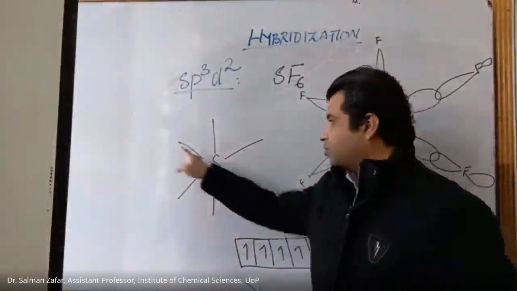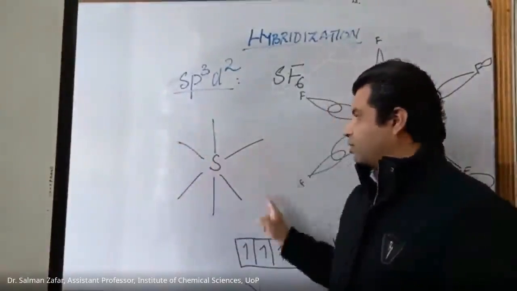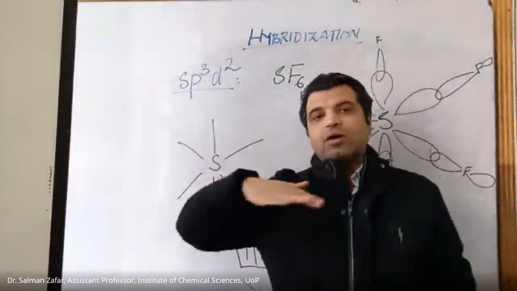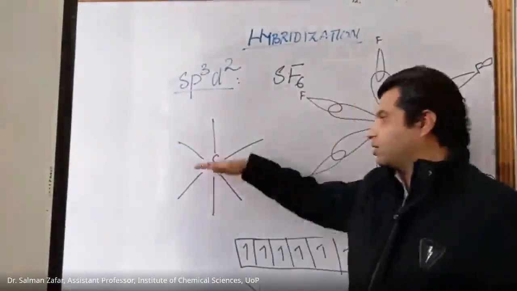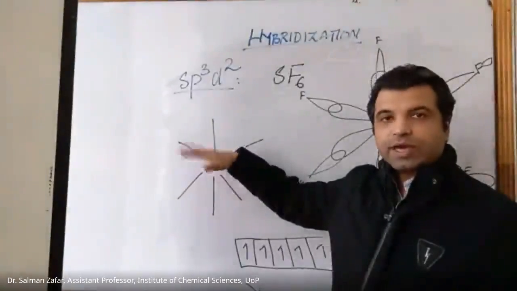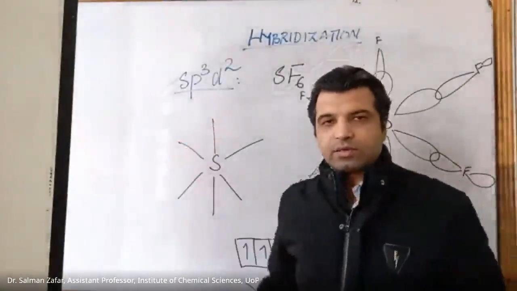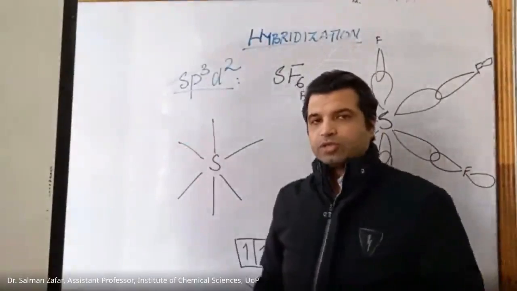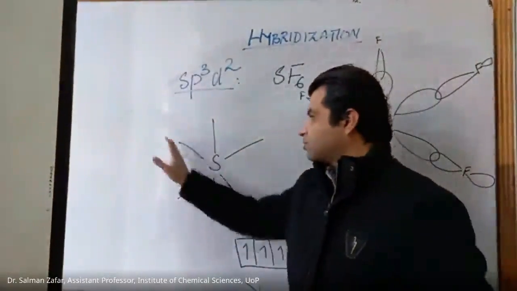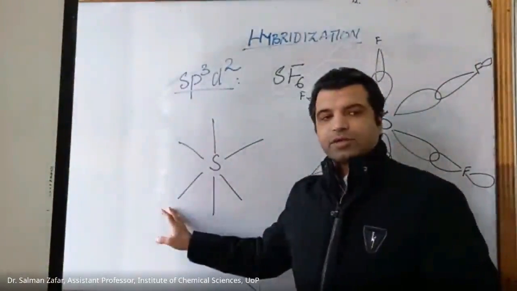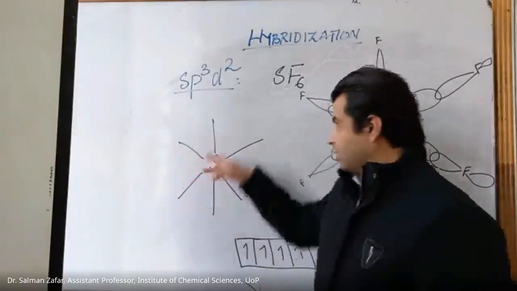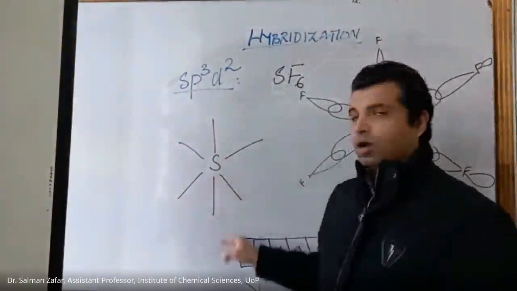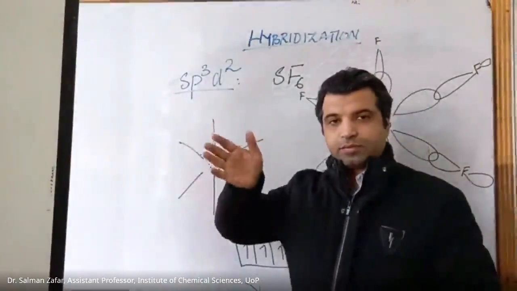So these 4 orbitals, here, they are on the horizontal plane, right? So they are again on the horizontal plane, as we had discussed in the trigonal bipyramidal geometry. These 4 orbitals are on the horizontal plane, and these 2 are on the vertical plane.